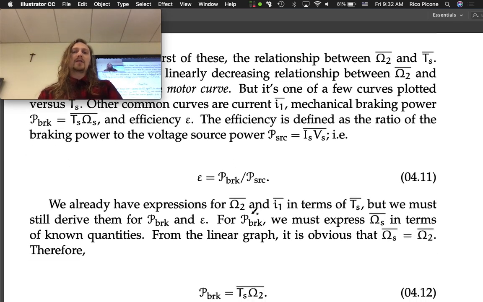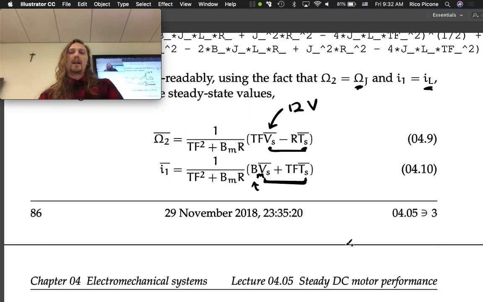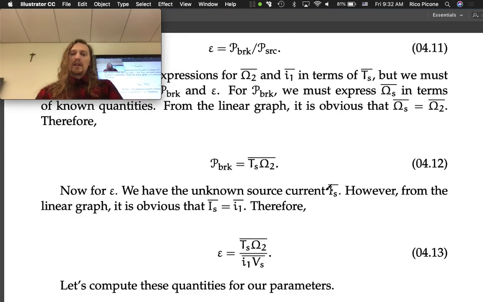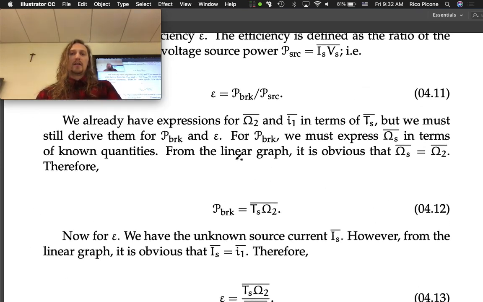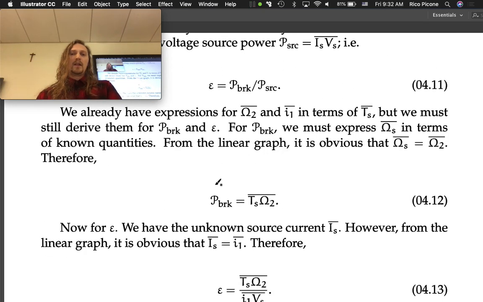We already have expressions for omega 2 and I1 in terms of TS. So that was what we got here, in 4.9 and 4.10. As long as we set VS to some constant value, we've got those solved. If we want the other terms, so if we want P brake, the power that the brake is dissipating, we must express omega S in terms of known quantities.